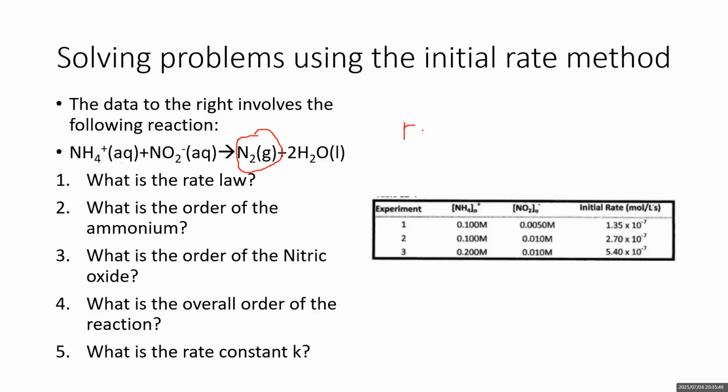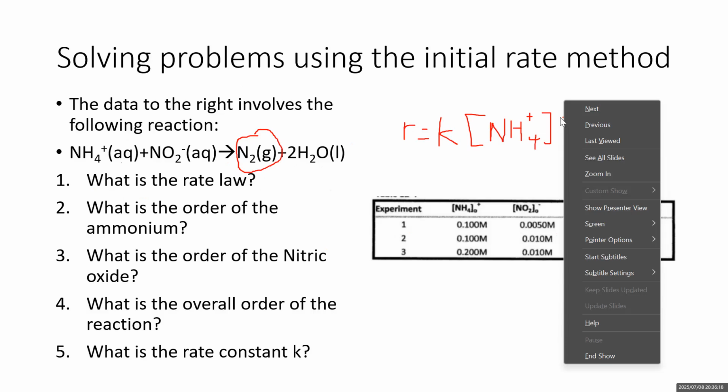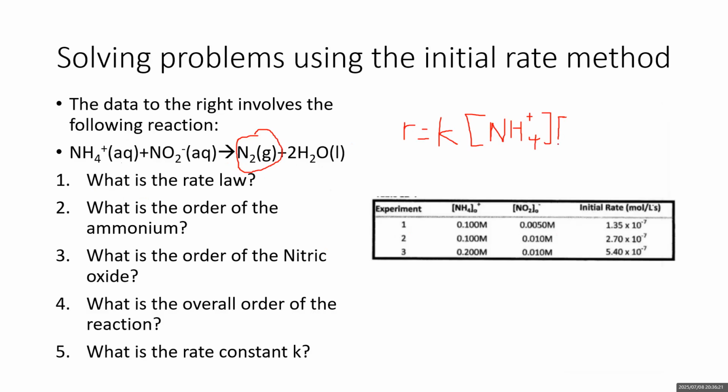The rate law, rate equals K times the ammonium concentration to the X, times the nitrite concentration to the Y. We'll call the ammonium order X and the nitrite order Y.